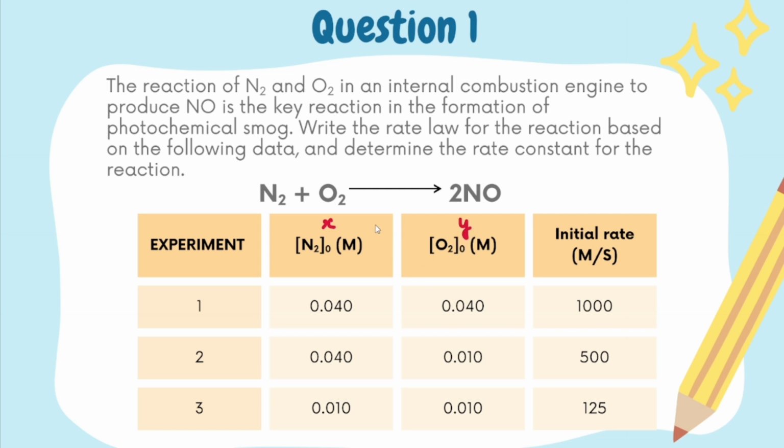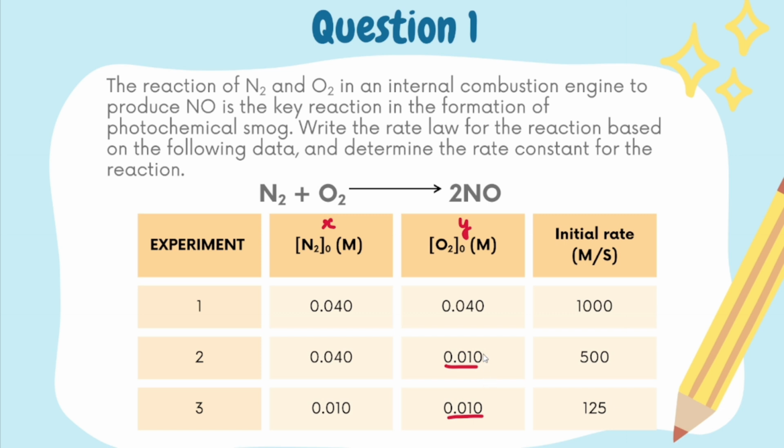To find the value of x, we are going to consider any two experiments. For example, just see here, in experiment 2 the value for N2 is 0.040 and in the third experiment it is 0.010 molarity, while for O2 it is 0.010 and here it is also 0.010. As both values are the same, when we divide these two rate equations, this will cancel out, right?